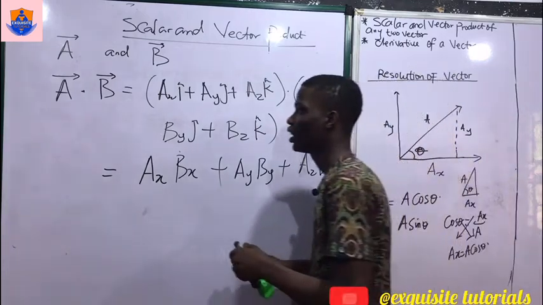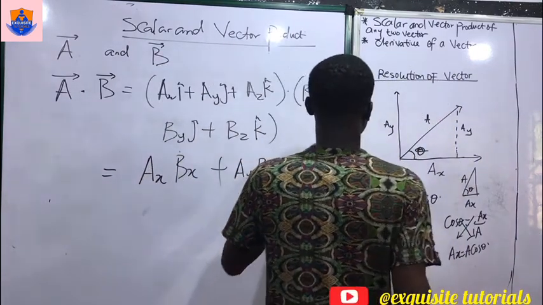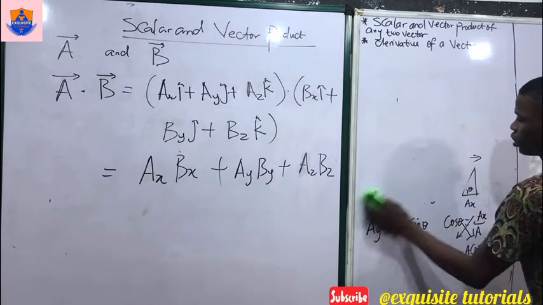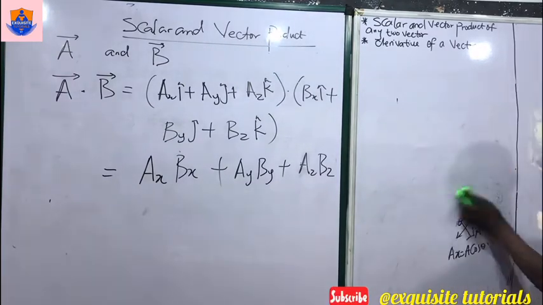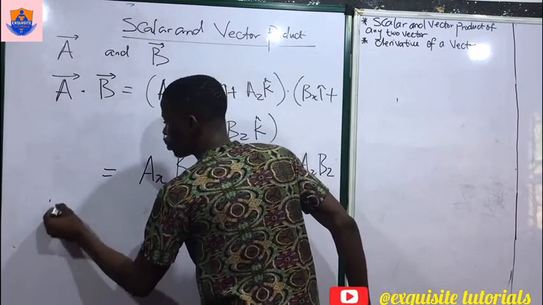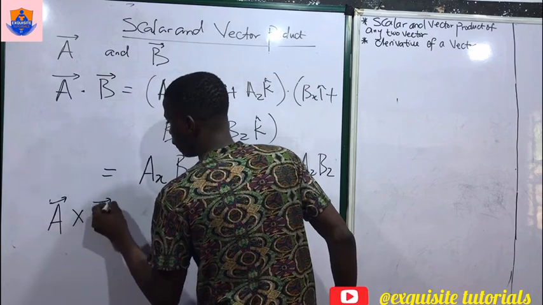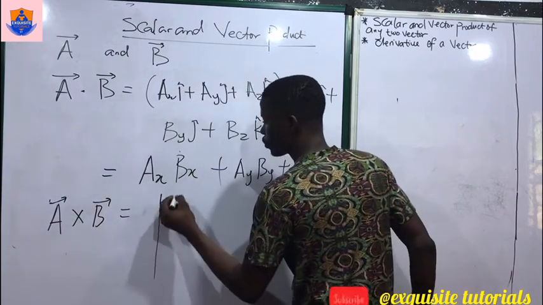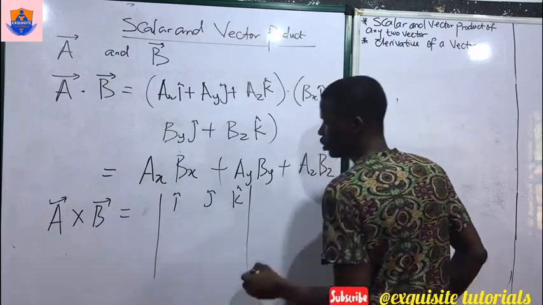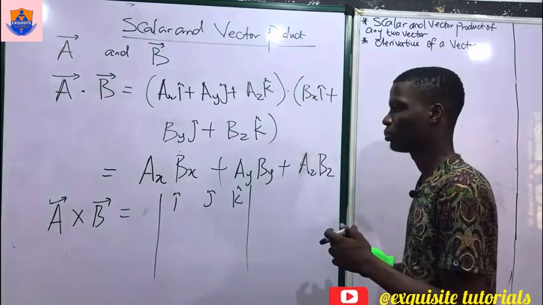So when it now has to do with the cross product, I'm trying to cross product two vectors. Take note, if you are cross producting any vectors, we are going to be using the determinant method.